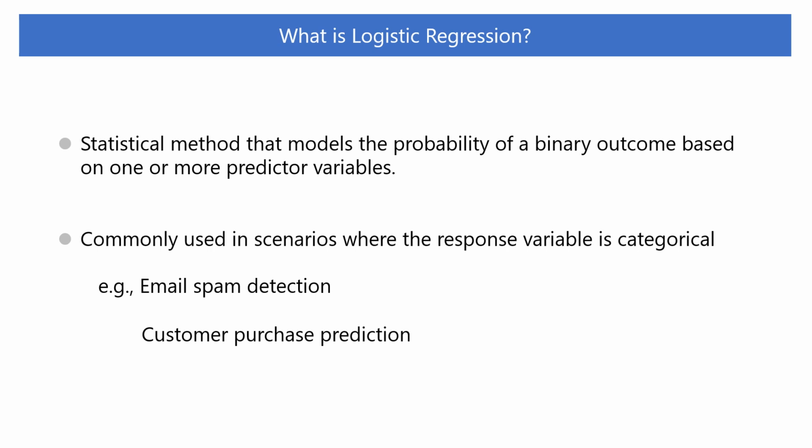It is commonly used in scenarios where the response variable is categorical, such as email spam detection or predicting whether a customer will make a purchase. Actually, logistic regression can be extended beyond binary scenarios, but this lecture focuses on binary scenarios for simplicity.